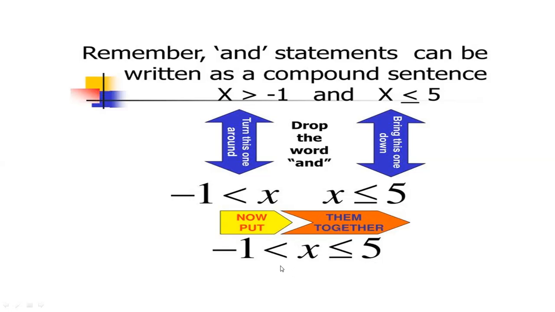We can write it in compound form: x is greater than minus 1, x is less than or equal to 5. So the and condition means we can write the inequality in a range form. There is a specified range given in the question, the numbers between -1 and 5. So the range is given in the inequality.